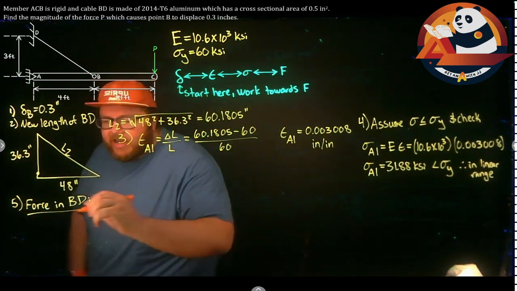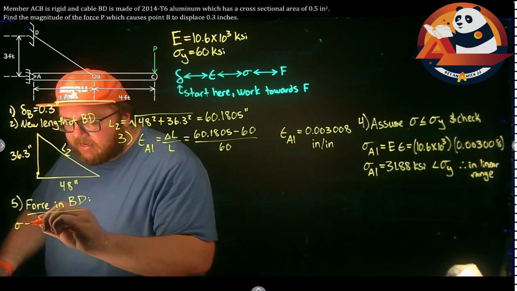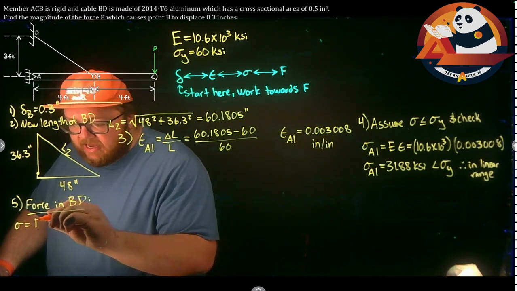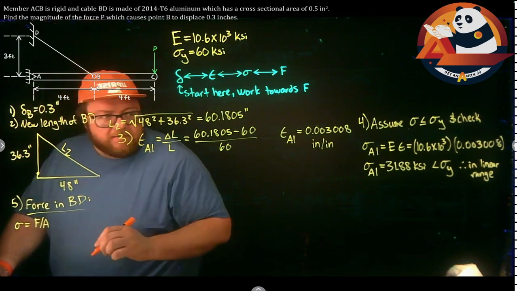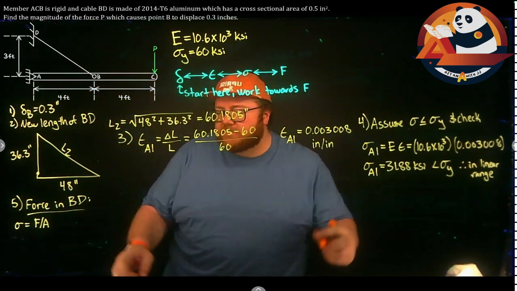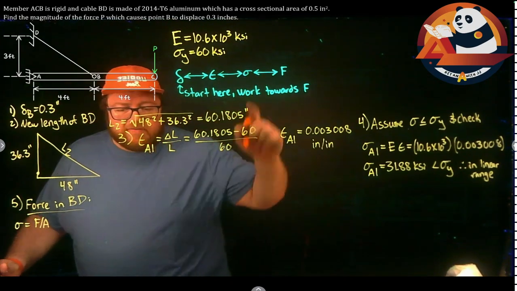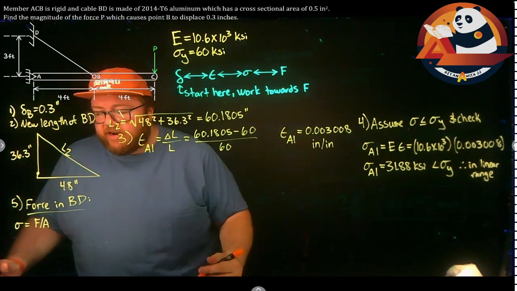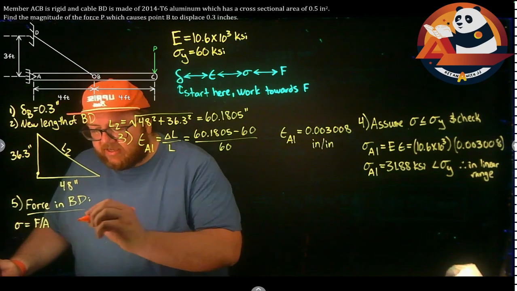And I know my stress, sigma, is F over A. My force is what I'm trying to get here. I have my stress. My area we were given was 0.5 inches squared. So I can tackle this.